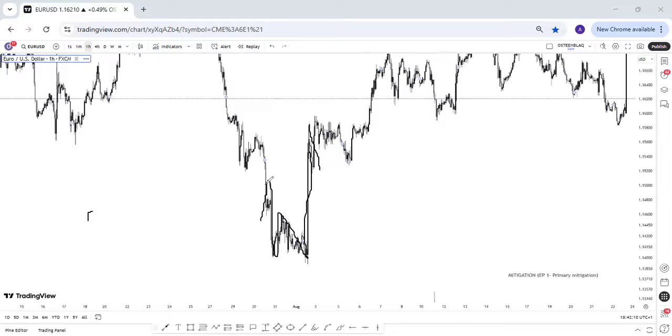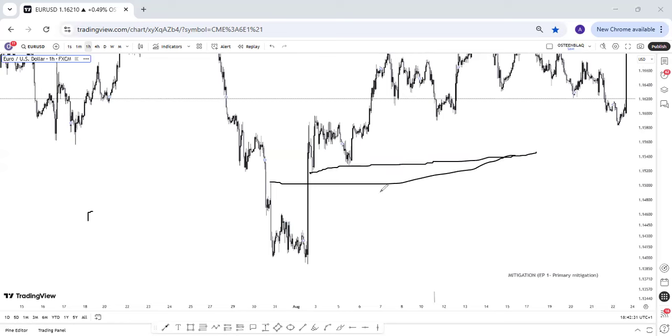Now you can see that from this particular support here, this support has not been used by price. Since this support has not been used, this particular resistance didn't use it. So there's an unmitigation here, which I call X. There's an unmitigation there.